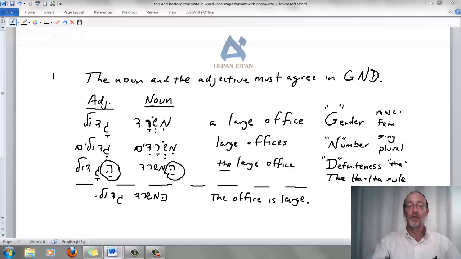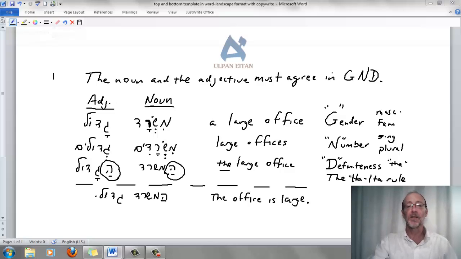That in Hebrew, if you've got a ha on the noun, you have to have a ha on the adjective. Yeah, that's fine for noun-adjective agreement. Meaning to say that the first three examples on the page, a large office, large offices, the large office, are all examples of something that would be part of a sentence, a phrase within a sentence.